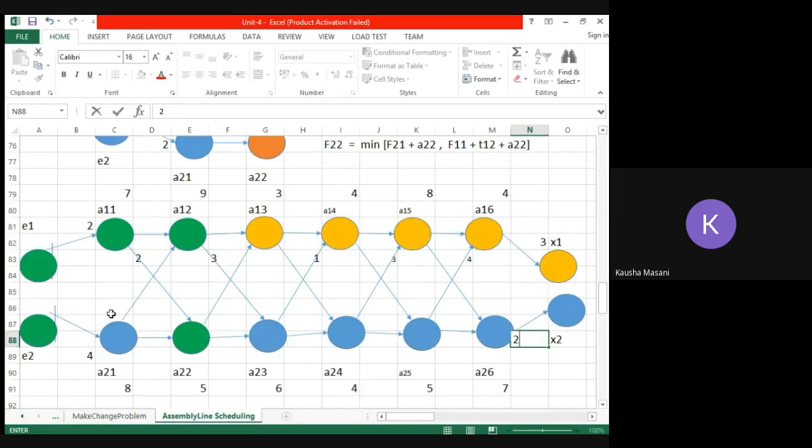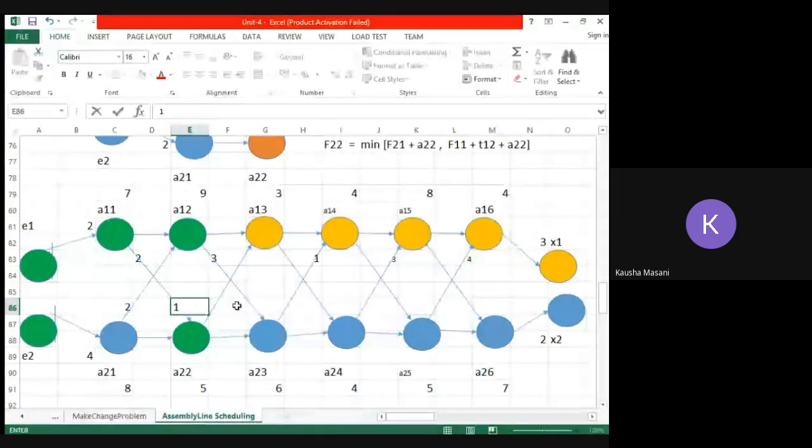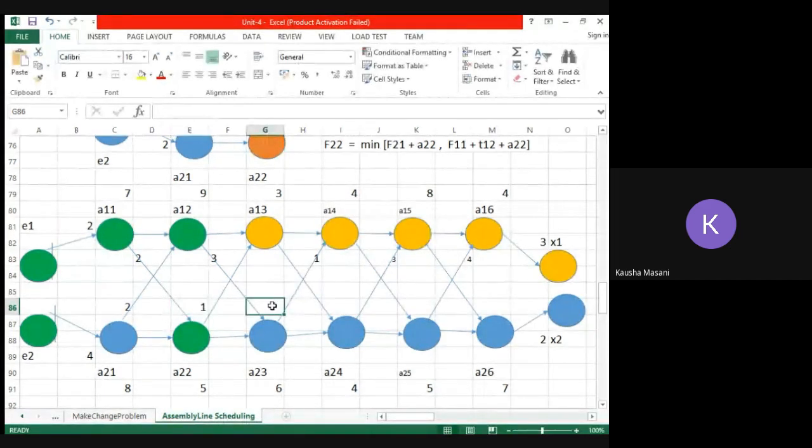Now coming from line 2 towards line 1, A21 to A12, the costing is 2. Then A22 to A13, costing is 1. A23 to A14, the costing is 2. A24 to A15, the costing again 2.